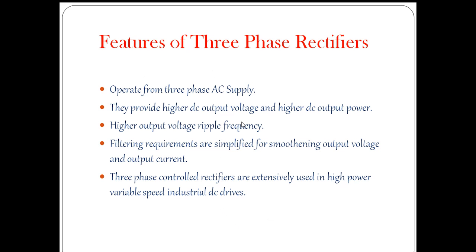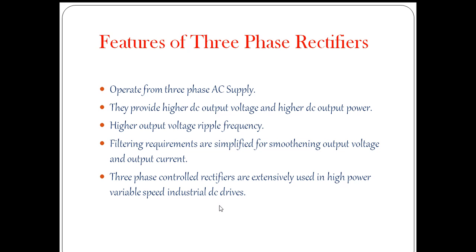DC drives have smooth speed torque characteristics. The speed torque characteristics of DC motors are very excellent. That's why we still use them in industries whenever we require a wide range of speed control.